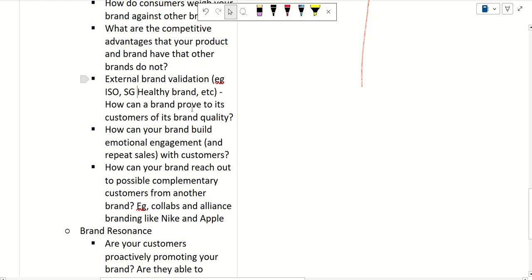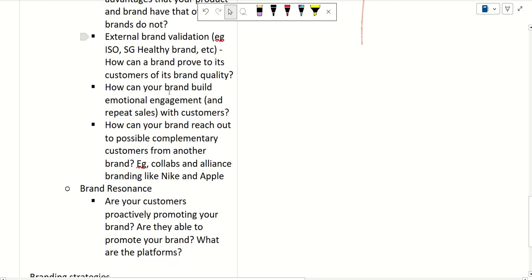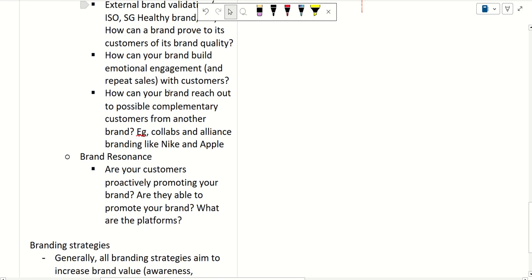People do use that to promote their brand as well. For example, the SG Healthy logo on some products helps consumers know of its brand quality or what its brand actually means. And of course, emotional engagement is important because you want to build loyalty and repeat sales with your customers.